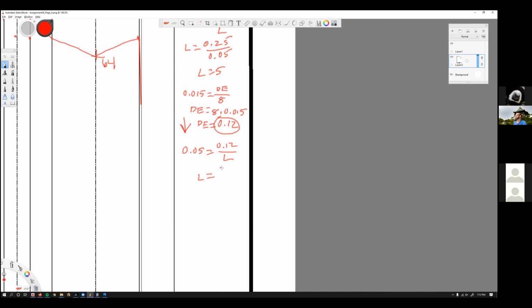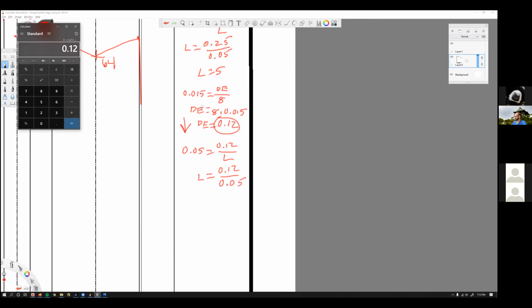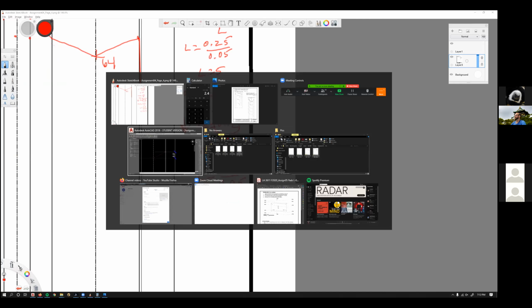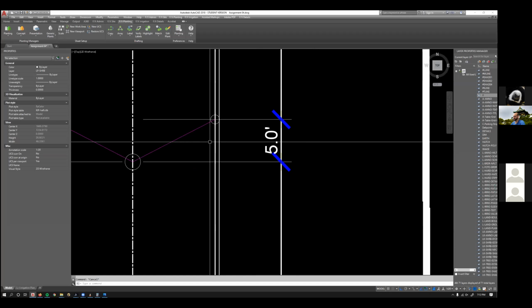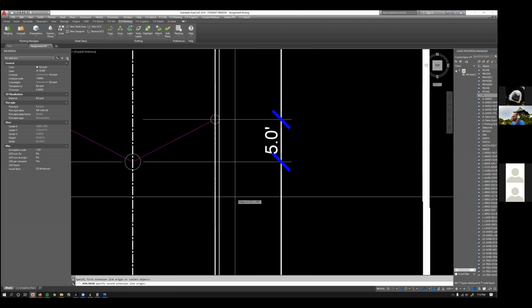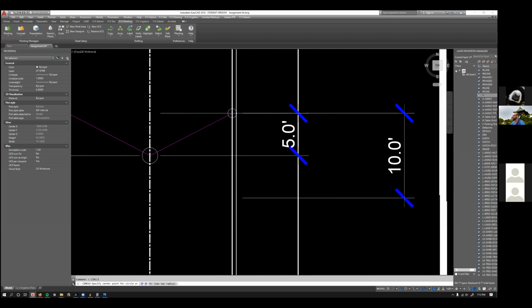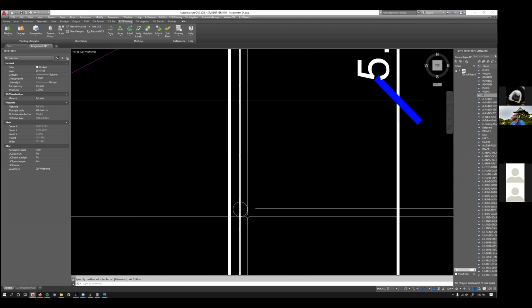L equals 0.12 divided by 0.05, 2.4. L equals 2.4. You can estimate that as being 2 feet. So remember, I didn't do this in AutoCAD yet, so we have to come down 10 feet for our curb. Okay, there's our next point.